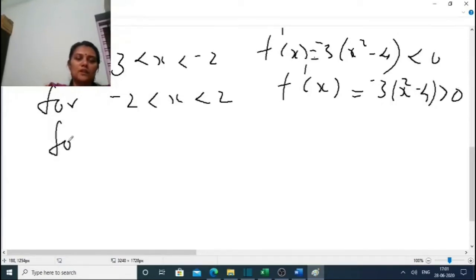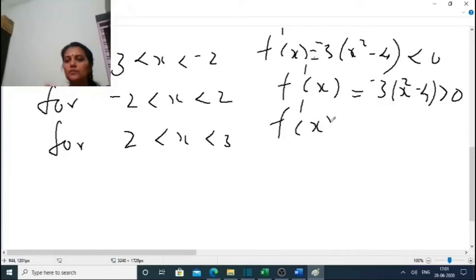And for the interval 2 less than x less than 3, f dash x equals minus 3 into (x square minus 4), x square will be greater than 4, so this value will be less than 0.